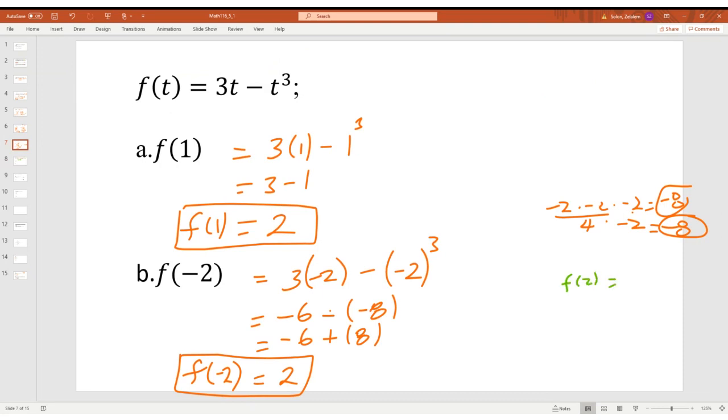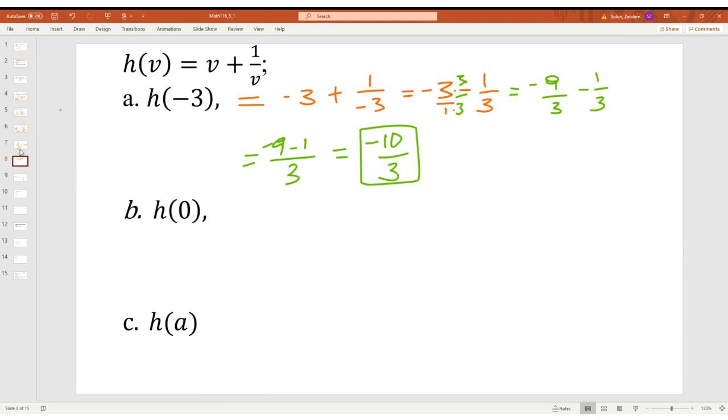For example, let's say f of x equals x. When you plug in 2, f of 2 is 2. So it can be the same. In this case, f of -2 is 2. Sorry if I didn't understand your question. Yes, f of -2 is 2 in the previous example.